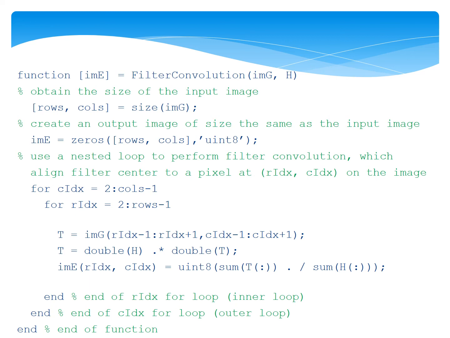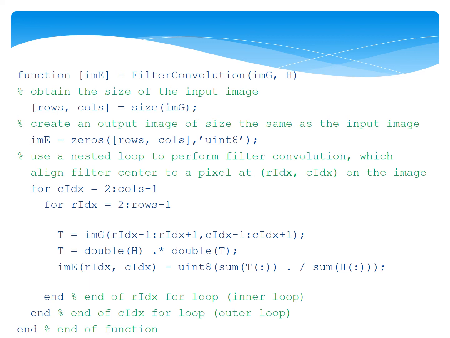According to the full coverage region, we use a nested for loop to iteratively move the center of the filter, which is RIDX, CIDX, on the image to extract the covered area T from the input image, IMG.